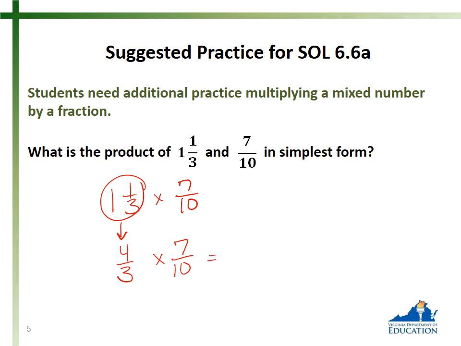Then all we do is we multiply across. 4 times 7 is 28. 3 times 10 is 30. And then we can simplify that down. If we divide the top and bottom by 2 to start, that's the same as 14/15 in simplest form.